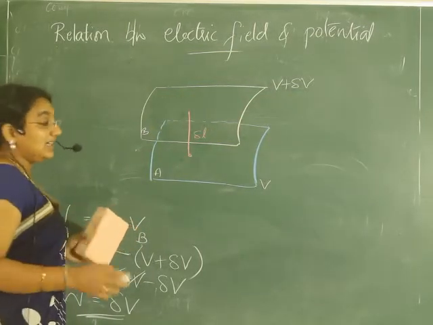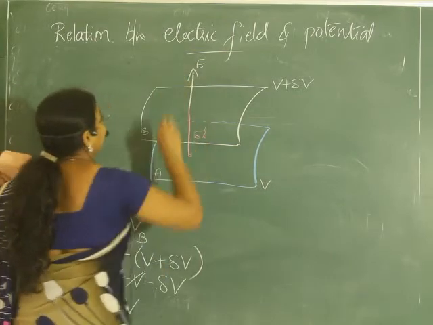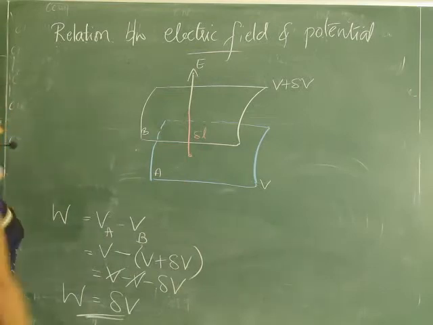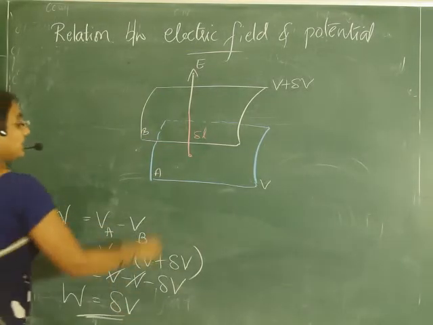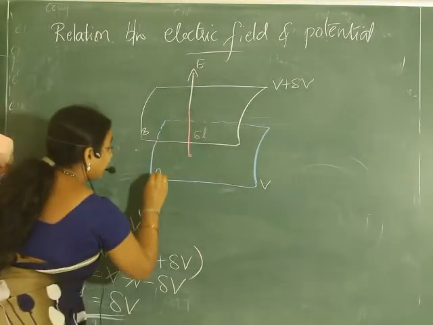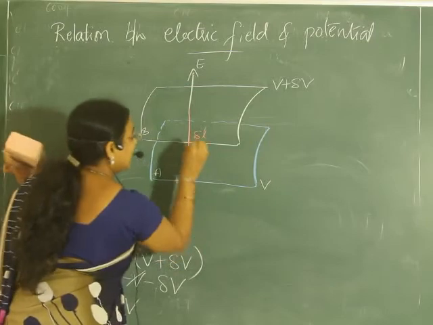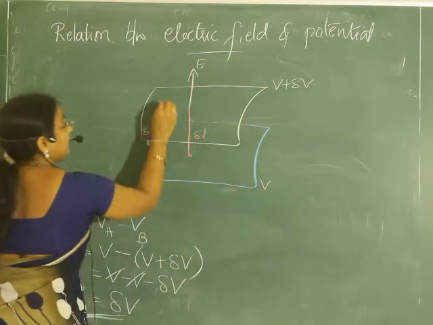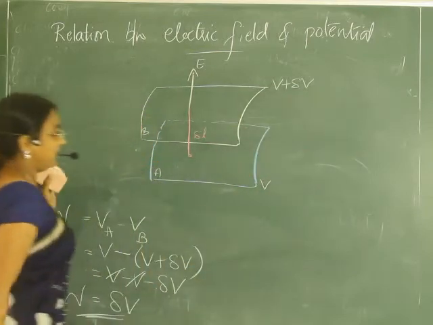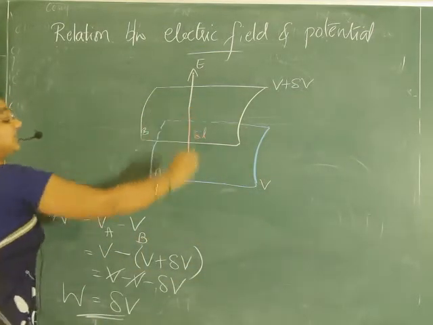Whenever there is a charge, there is an electric field drawn normal to the equipotential surface. Wherever you check on surface A, the potential will be V. For B, wherever you check, the potential will be V plus delta V. So the electric field is drawn normal to this equipotential surface.